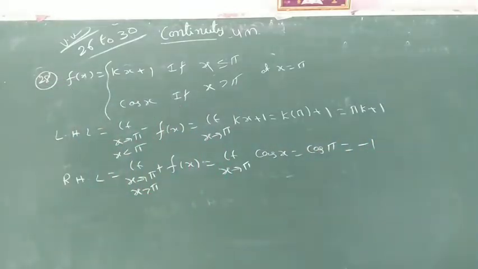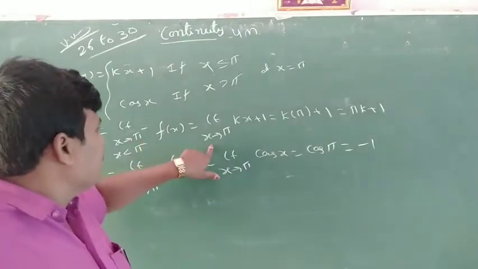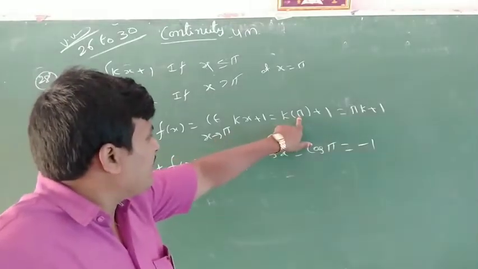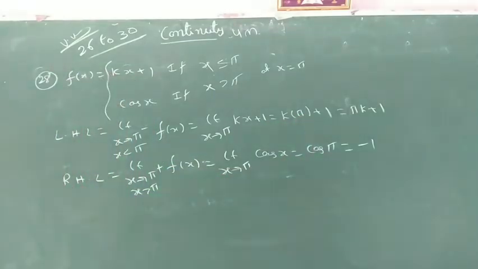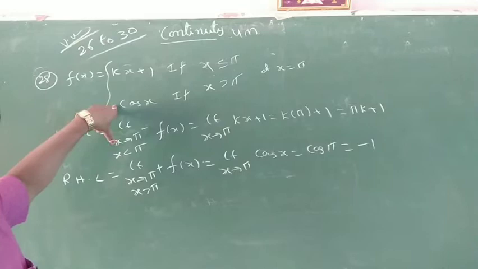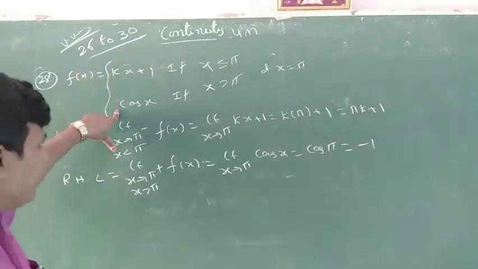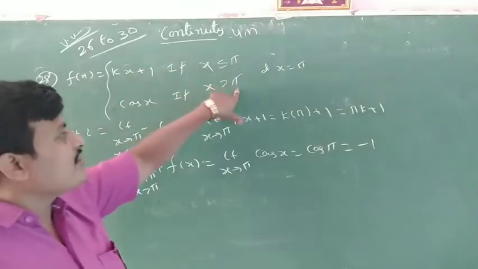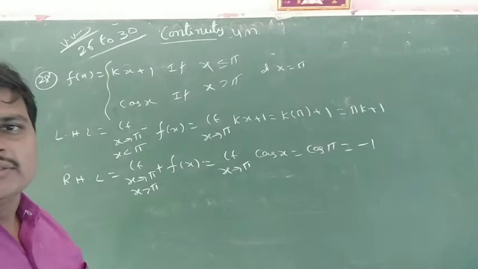There is no difference in x value. But which one is different? The function is different. In LHL and RHL, functions are different, but the x value is not different. This is the important point.